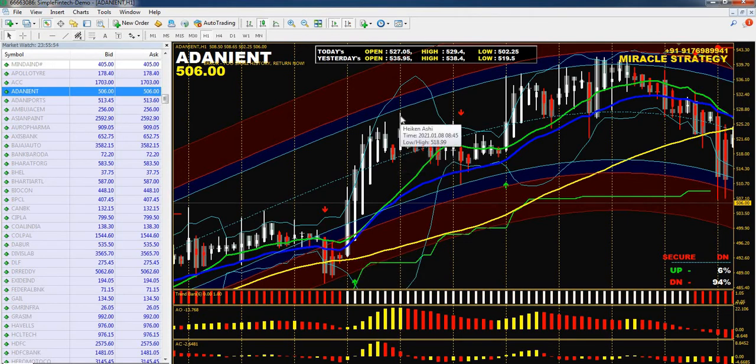In this case, at 518 it has touched the high from 496. That means nearly 5% it is giving. Safe traders can keep 3 to 4% also. And you see it is all white, it is above the moving average, and it is the entry point.